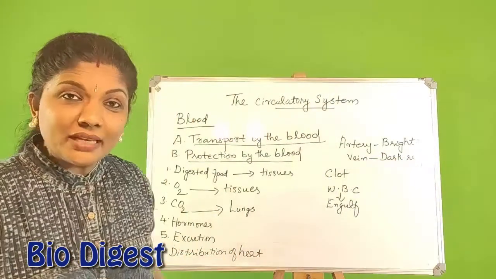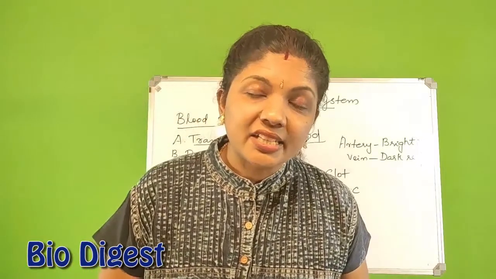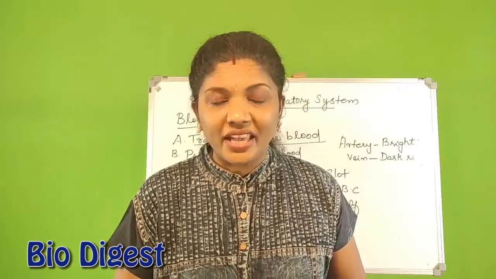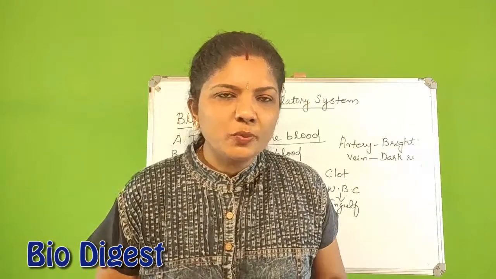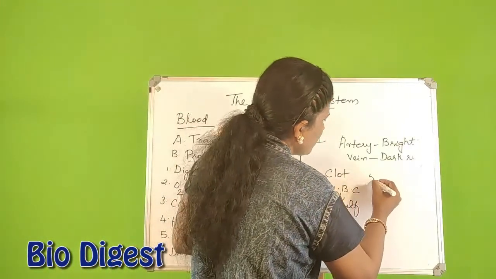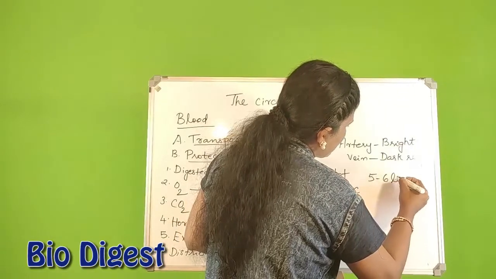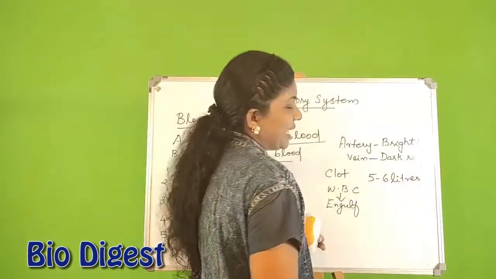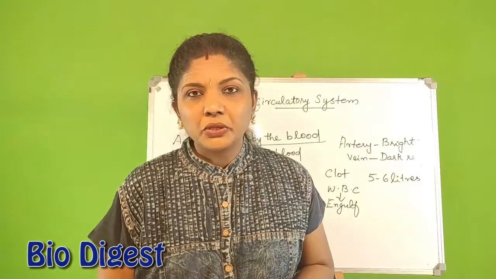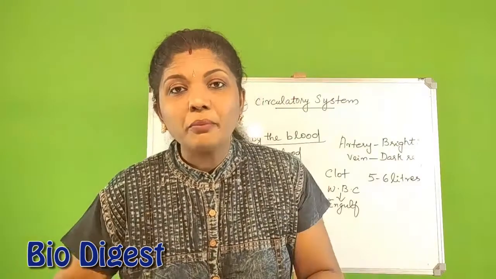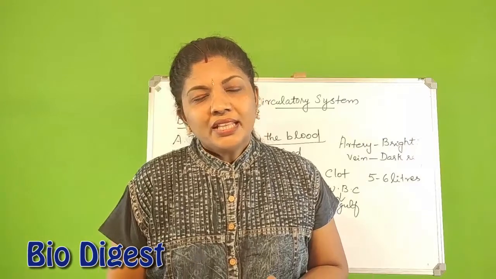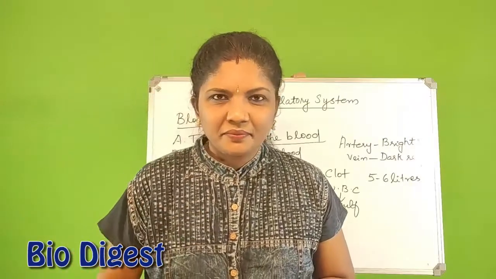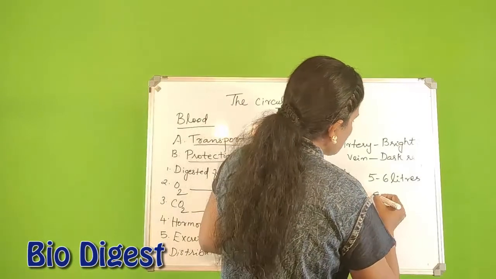An average adult usually has almost 5 to 6 liters of blood in his body. The volume of blood in a normal adult is 5 to 6 liters. Then what is the taste of the blood? It's actually saltish.